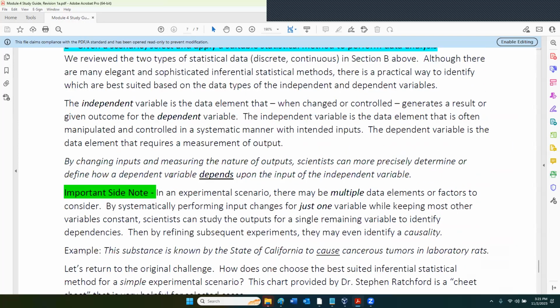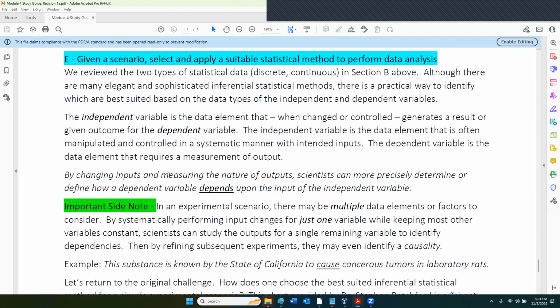And one of the things that we need to call out before we start is this idea about an independent and dependent variable. So to date, we've reviewed the 2 kinds of statistical data, discrete and continuous.